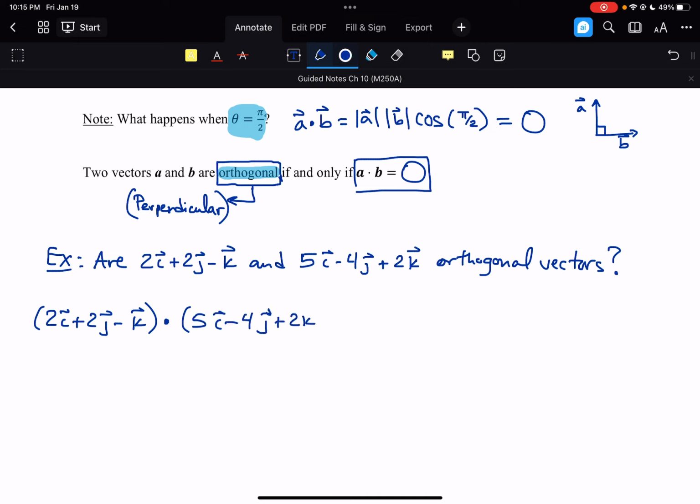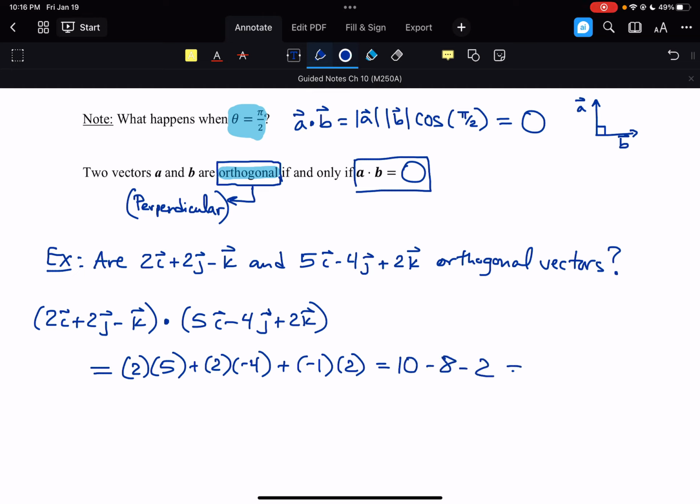It's a nice, pretty quick test, because if the dot product gives us a 0, then the answer is yes, they are orthogonal. If the dot product gives us anything else, then the answer is no, they are not orthogonal. So we get, in this case, 2 times 5 plus 2 times negative 4 plus negative 1 times 2. So that's 10 minus 8 minus 2, which is 0. So, are they orthogonal? Yes, absolutely. They are orthogonal to each other.